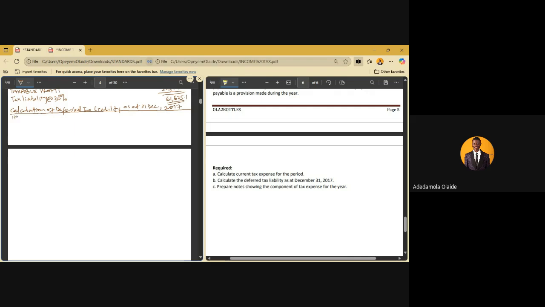So we have items, we have carrying amounts, we have tax base, we have temporary difference, then we have deferred tax liability or deferred tax asset at 30%.